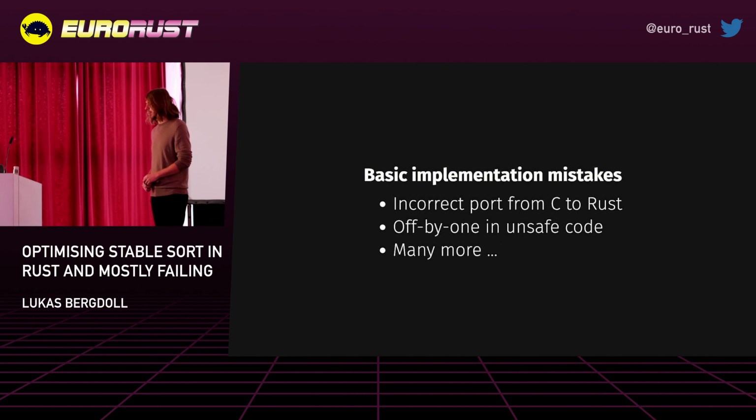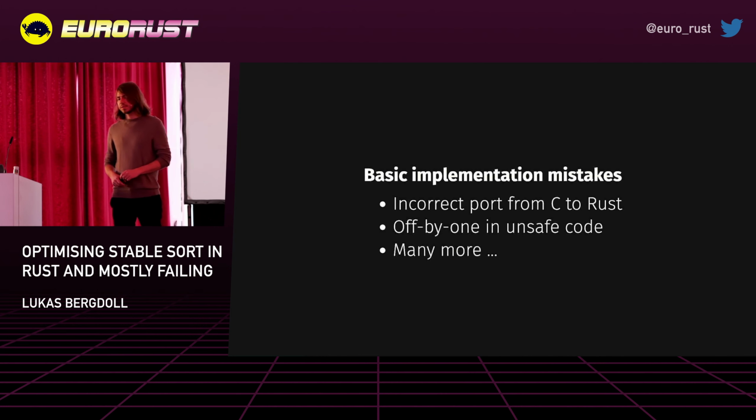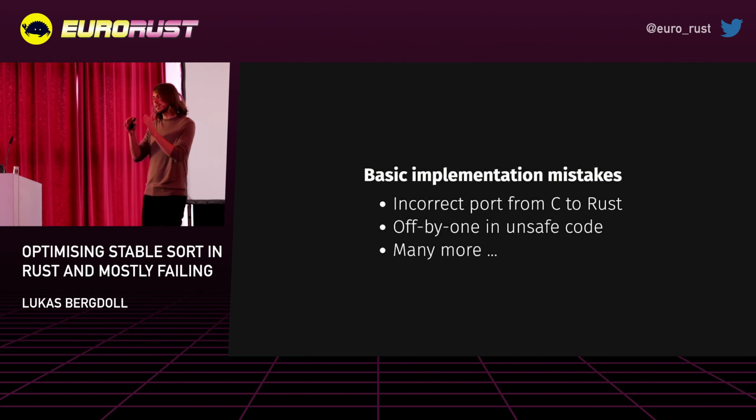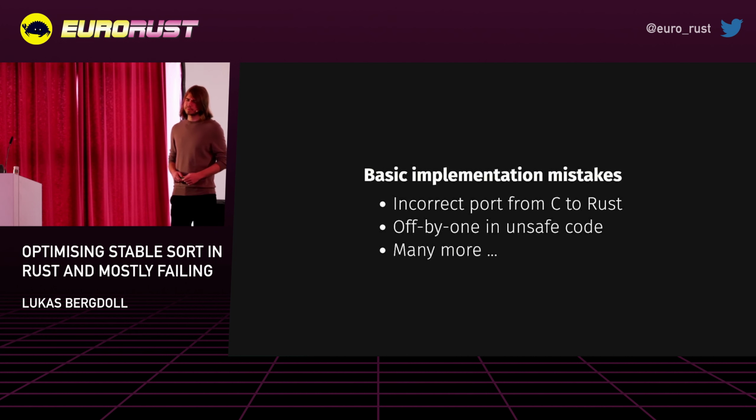So let's look at some basic implementation mistakes. I made some basic mistakes when I ported C logic to Rust logic. There were some off-by-one errors in unsafe Rust code and many other mistakes, but I want to focus on this incorrect port from C to Rust.